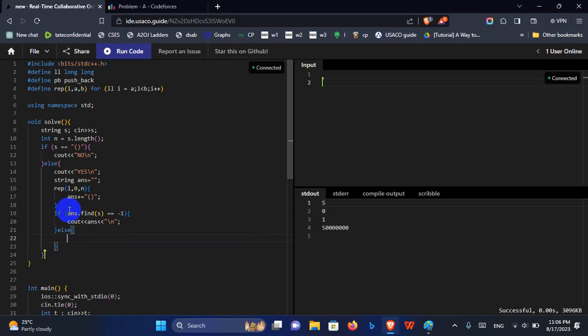Otherwise we will take ans as new, and again from 0 to n we add opening brackets, and then closing brackets. Now this would be absolutely the answer.